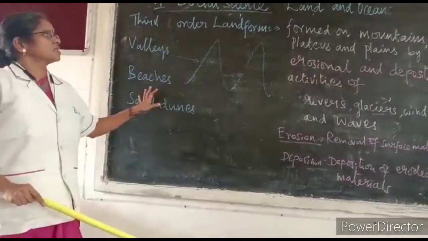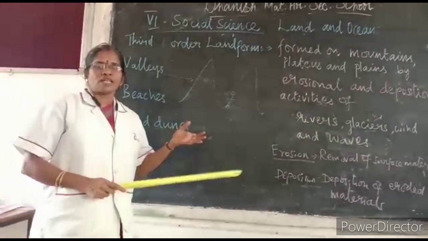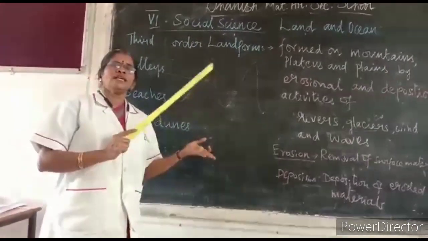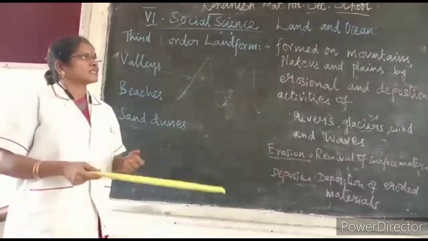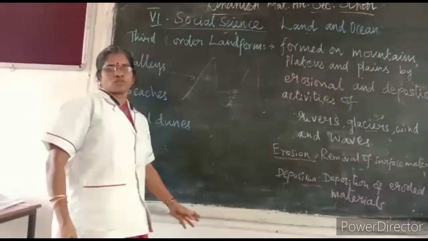That's all for third order landforms. So in this class we have studied first order, second order and third order landforms. In the next class we are going to see about oceans. Okay, that's all for today's class.